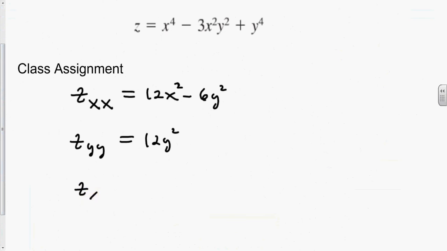Then the mixed partial, they came out to be the same. (-12xy). Which one? Z, y, y.